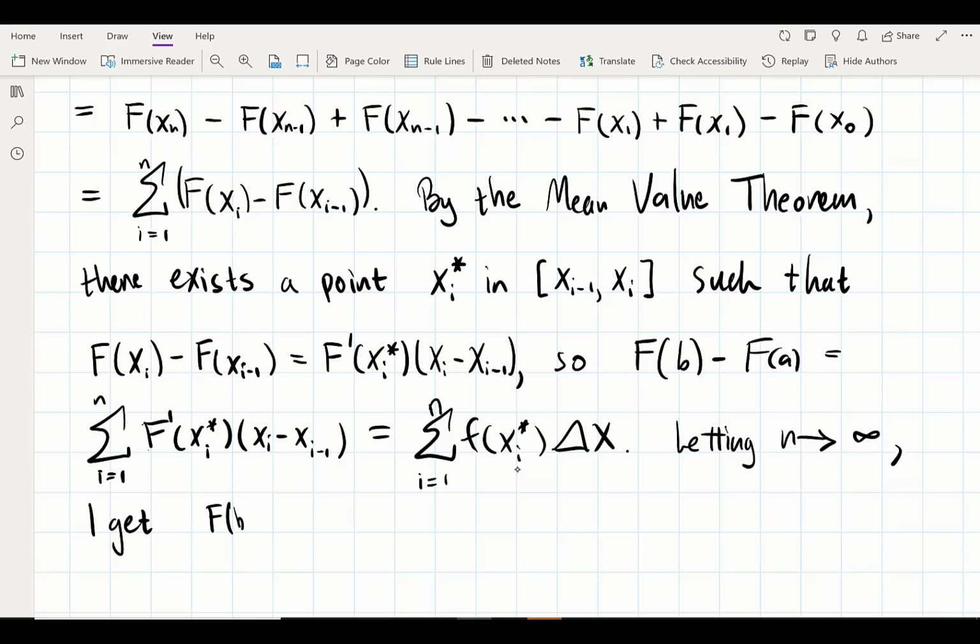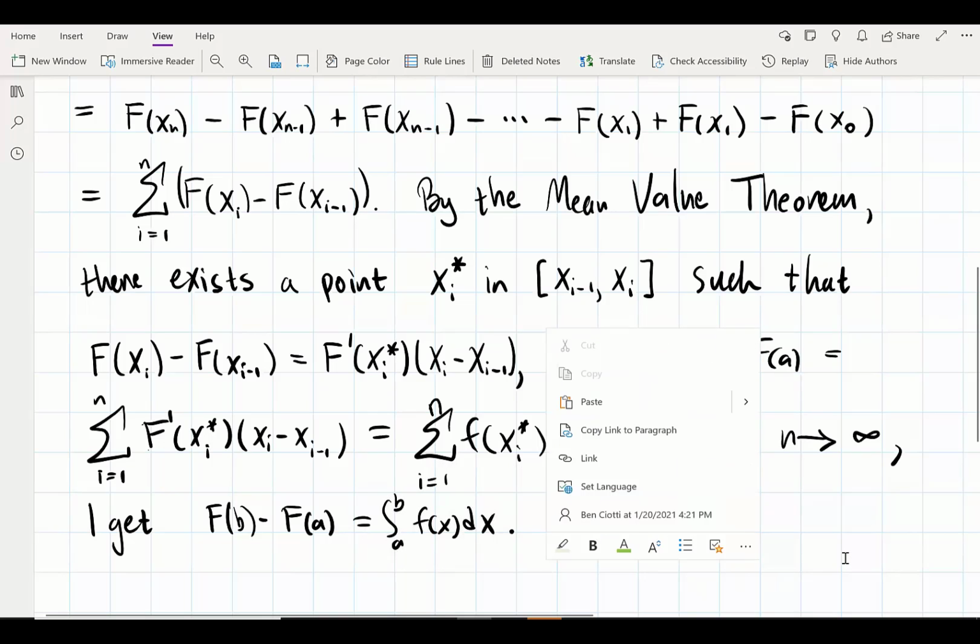That's the F of b minus F of a side. And the other side, that's the definition of the definite integral. So by definition of the definite integral, I get the definite integral from a to b of f of x dx.